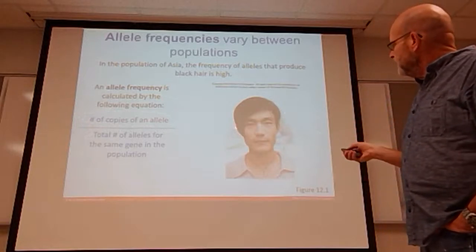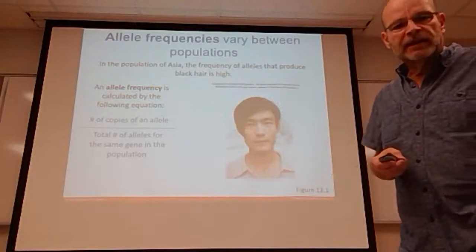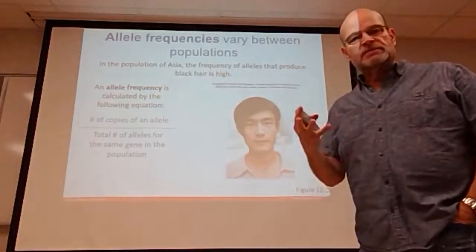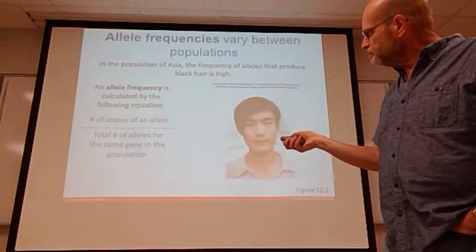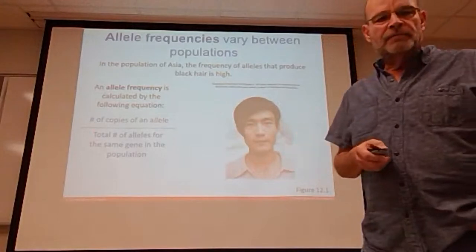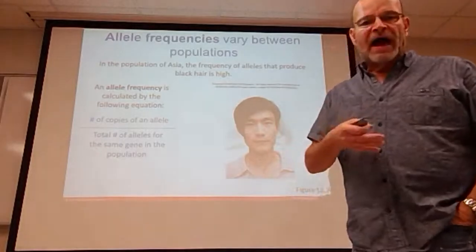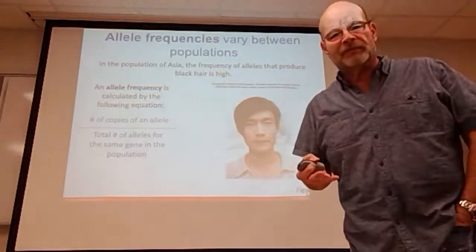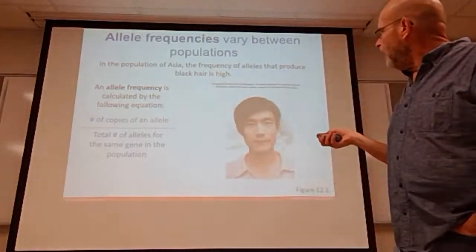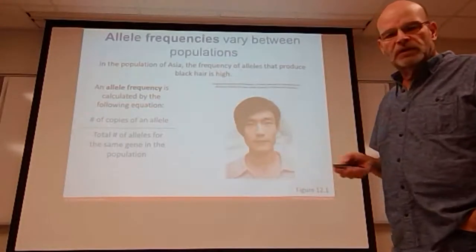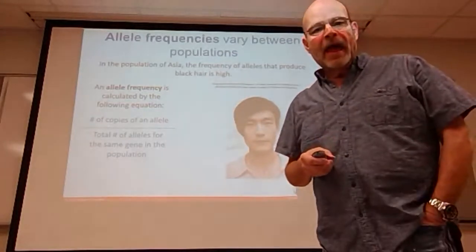So let's just say there's 6 billion alleles, everybody gets 2, so there's 6 billion alleles total in Asia for hair color, and 5.99 billion of them are for dark hair or for black hair, then the allele frequency is going to be very high.